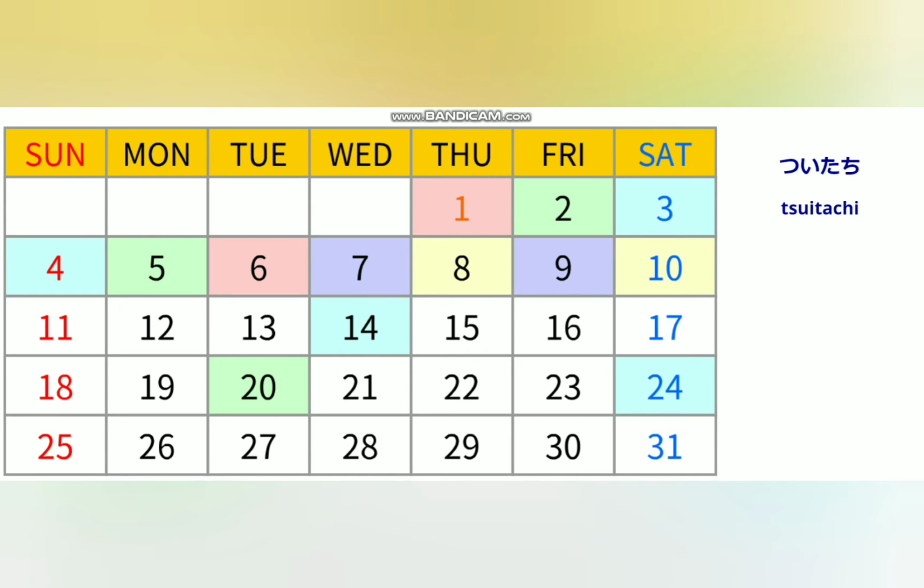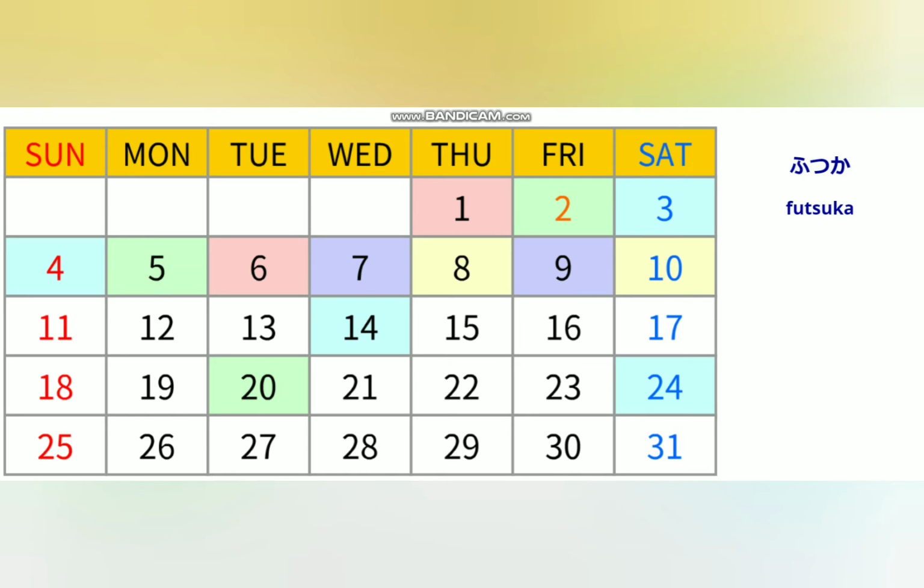For the first day of the month, we have 1日, tsuitachi. Again, tsuitachi. For the second day of the month, we have 2日, futsuka. Again, slowly, futsuka. Second day of the month.